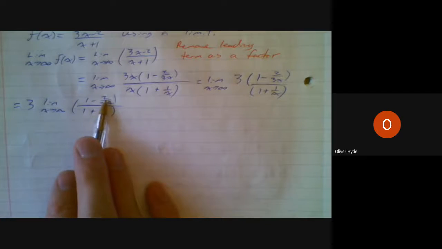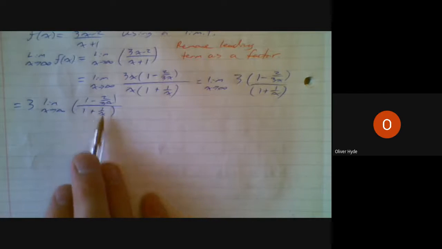Notice that now the limit of the numerator exists, and the limit of the denominator exists. So I can use the limit of a quotient rule. There's the limit of the numerator, here's the limit of the denominator.